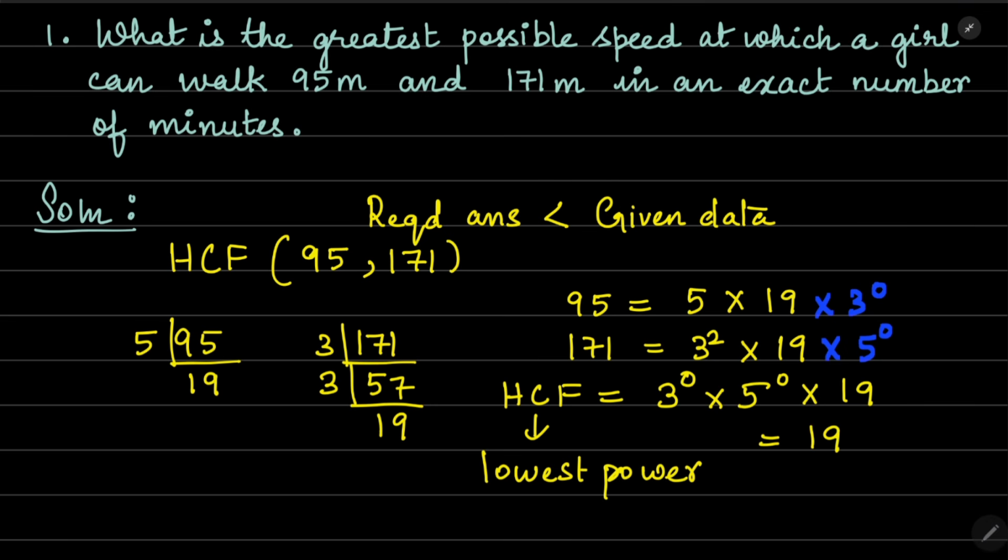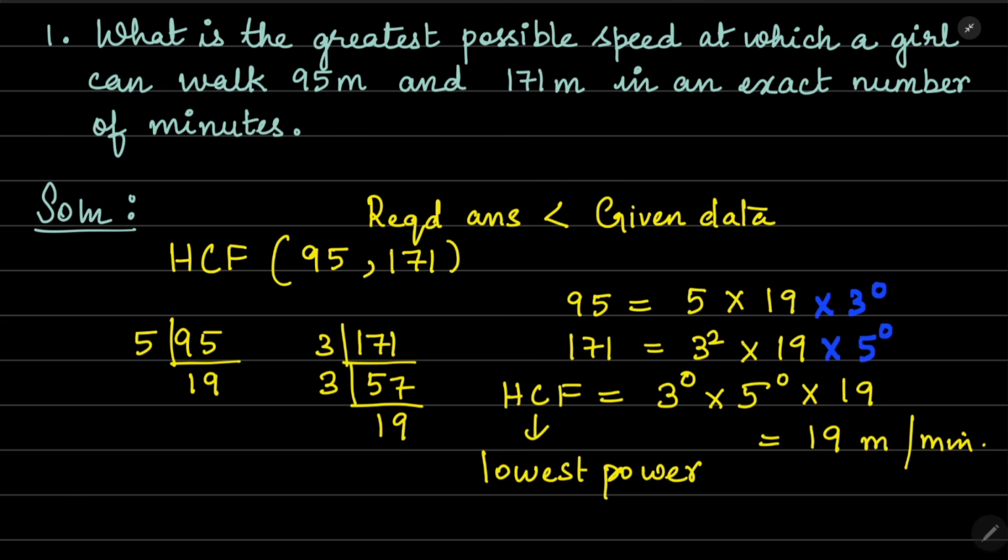And what is the unit? What were you asked? You were given a distance of 95 meters and 171 meters, right? In an equal number of minutes. So the answer is in meters per minute.